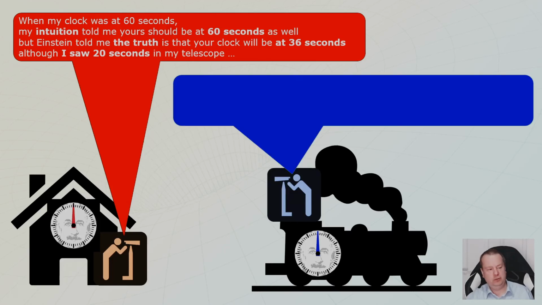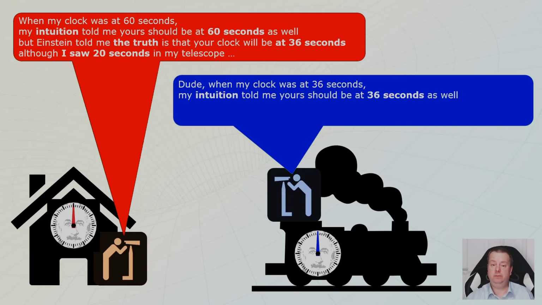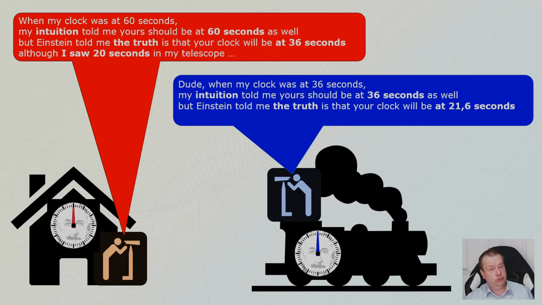And then the other researcher says, well, if Einstein is right, my clock at 36 seconds, my intuition told me that your clock would be at 36 as well, right? But Einstein told me that your clock is slowing down, so your clock will be at 21.6 seconds. So I also decided to pick up a telescope and I saw 12 seconds.